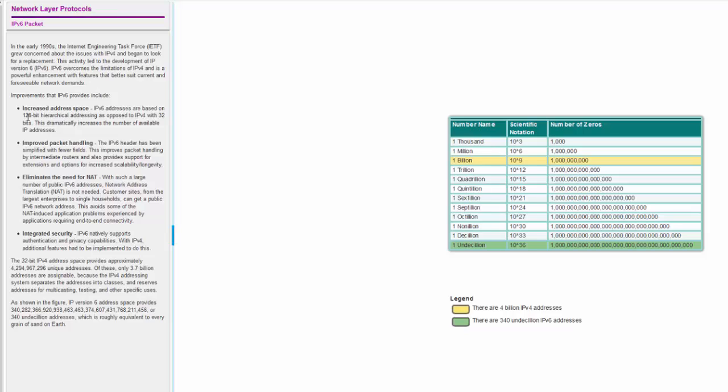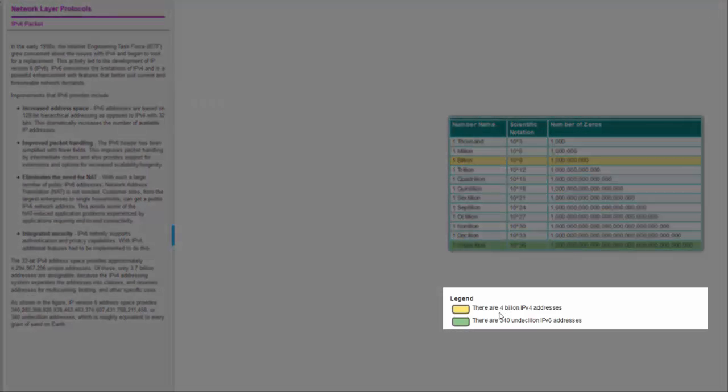That actually increases the domain for the IP address from, for example, 4 billion in the case of IP version 4 to 340 undecillion IP addresses using IP version 6 on the internet. That creates tremendous address space that can be used by trends like Internet of Things and things like that.